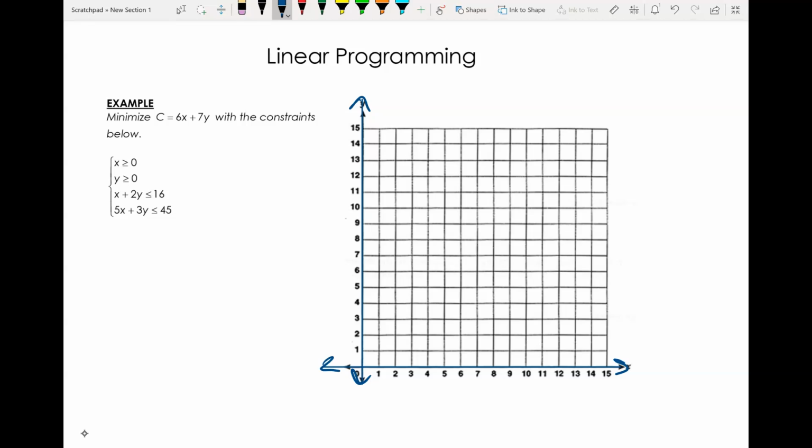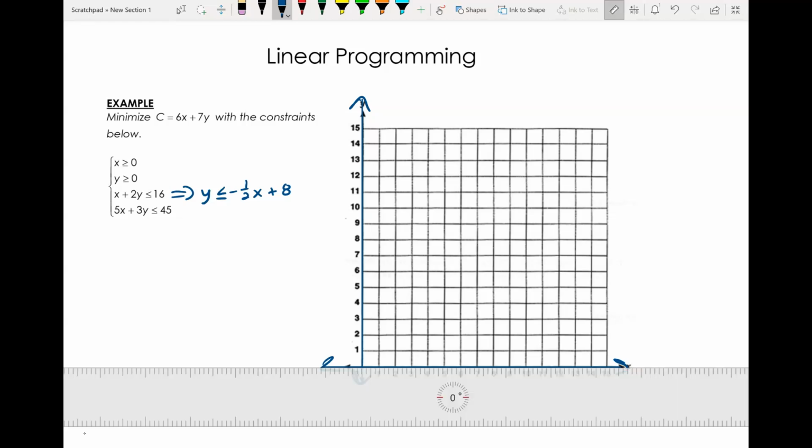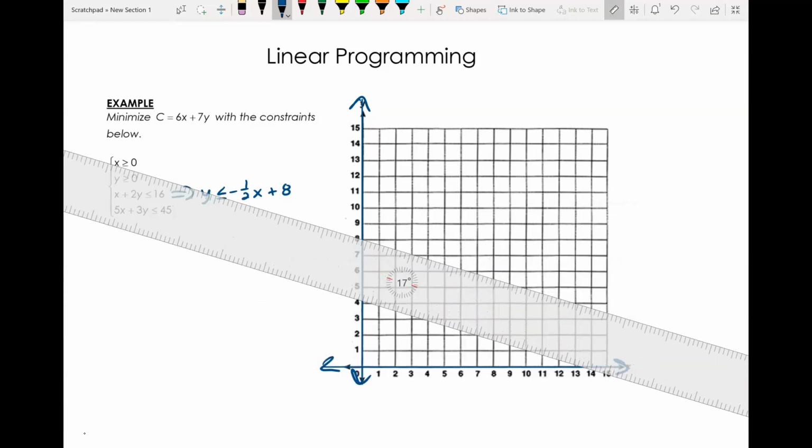These other two, x plus 2y less than or equal to 16, and the other one, you can either plot using intercepts if you'd like, or you can solve for y to help with the shading. If I solve for y, I believe I would get y less than or equal to negative 1/2 x plus 8, y-intercept of 8, and a slope of negative 1/2.